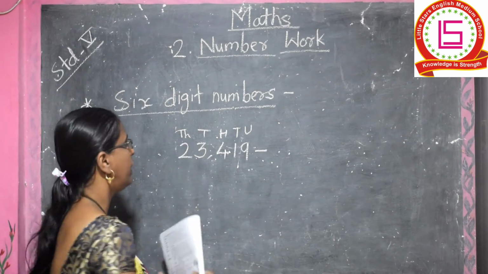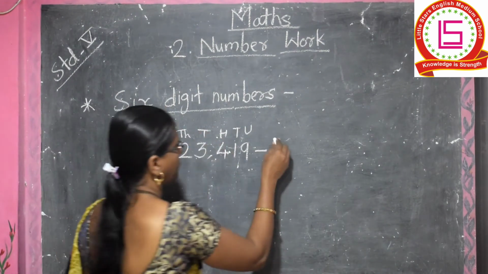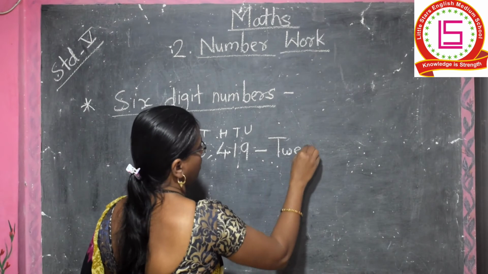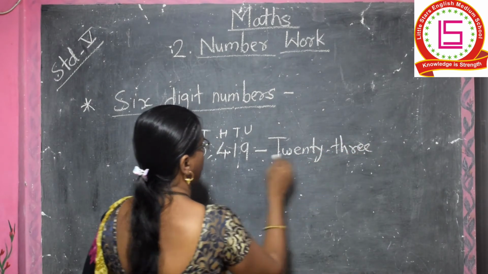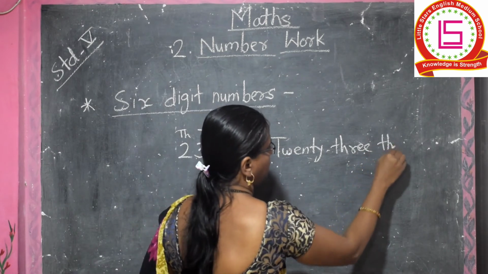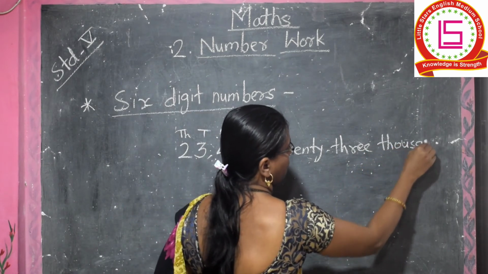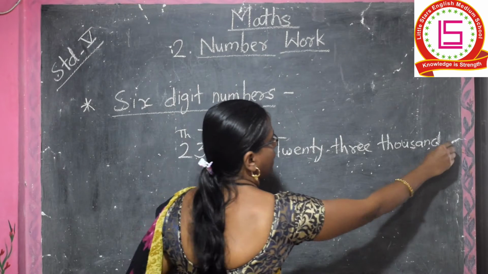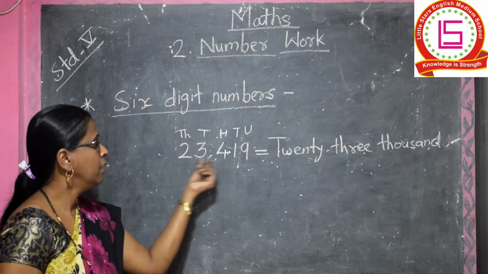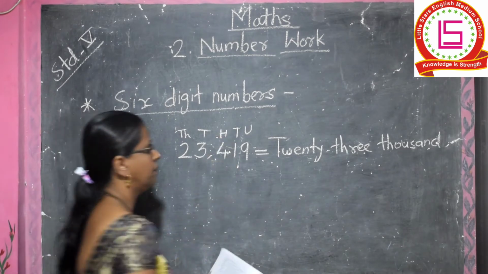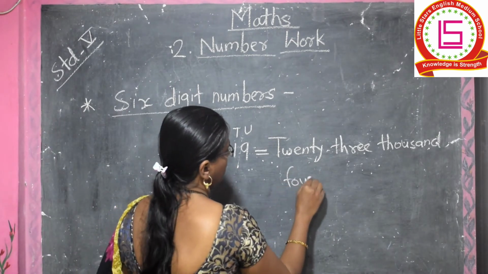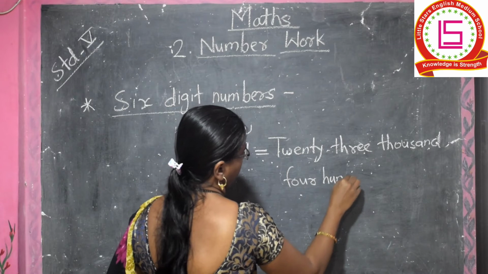23,000. Then after the 1000 place is 4, that is 400.